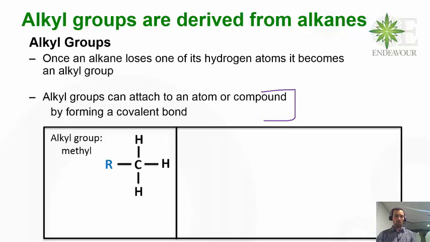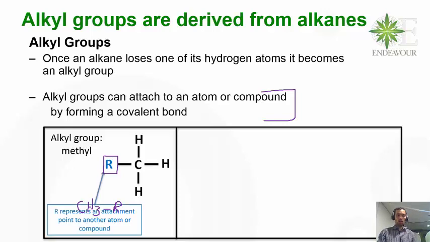So you can think of the alkyl group as having an R, because the R represents an attachment point to a single atom or a group of atoms, just like we saw for our alcohol functional group. So that means our CH3 here, which is a methyl group, can actually bond to lots of different combinations of atoms as represented by this R.